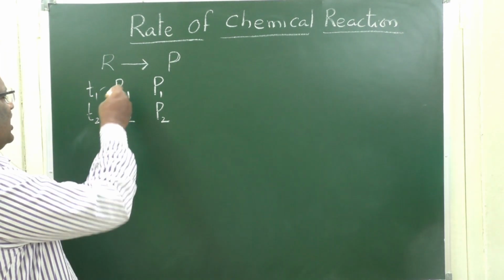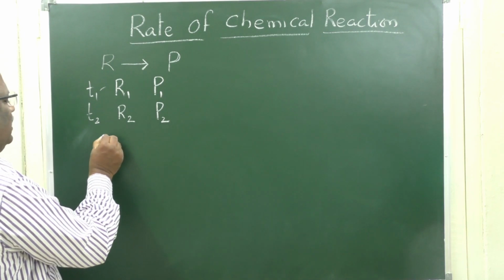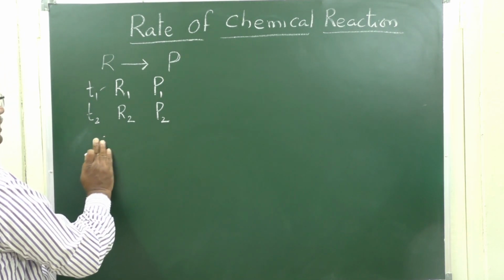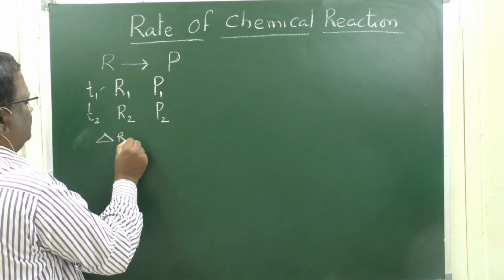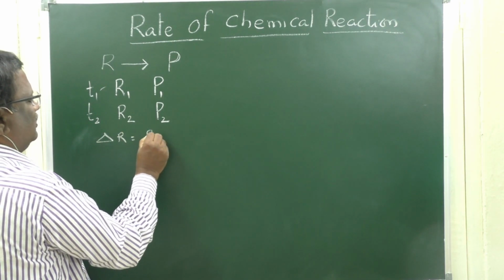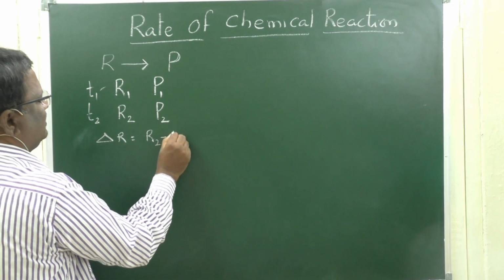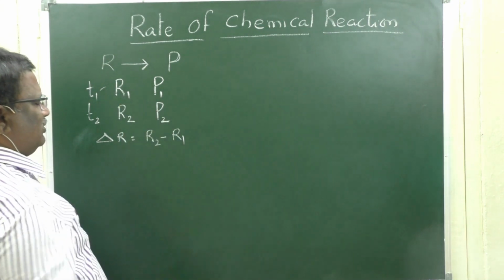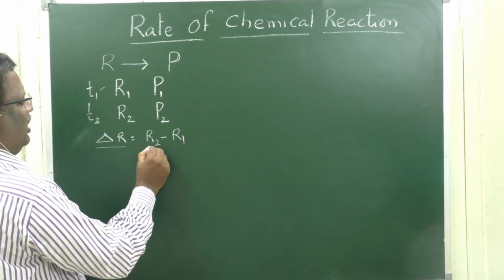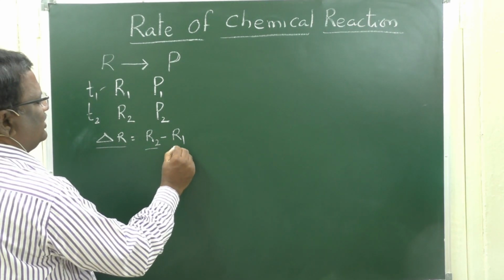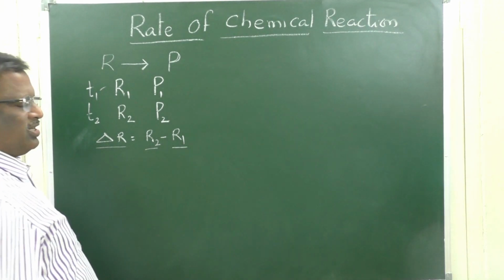Now, the change in the concentration, delta R, is equal to R2 minus R1. R2 is the final concentration, R1 is the initial concentration.